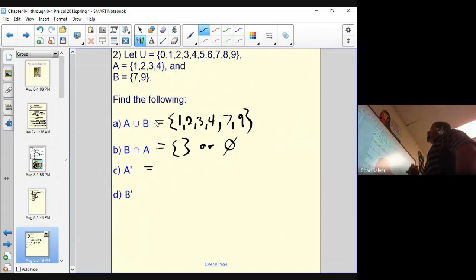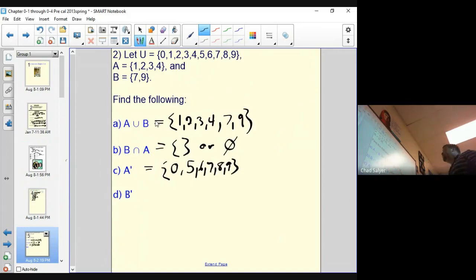All right, A complement. So this is going to be every element that's in the universal set, but not in A. So that's going to be 0, 1 is represented, 2 is represented, 3 is, 4 is, 5 is not, and then 6, 7, 8, and 9. So this is A's complement.